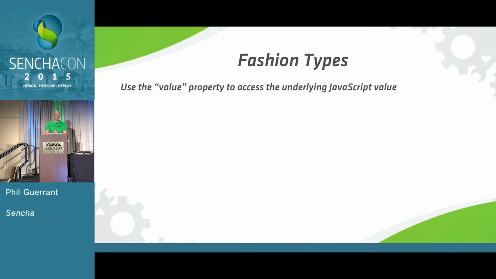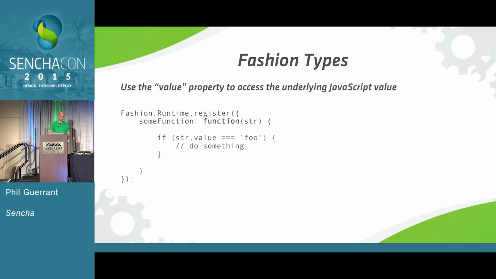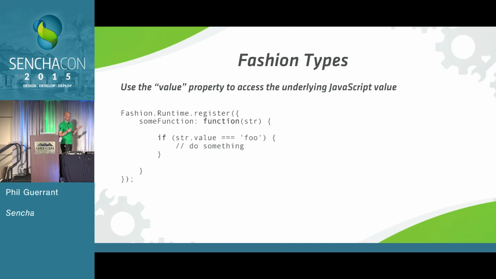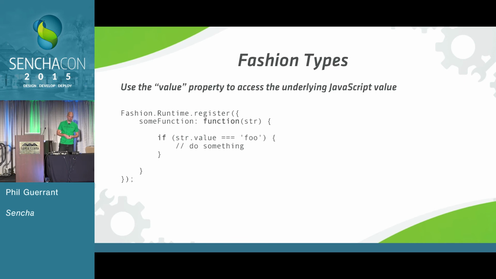So just a couple quick notes. When you're using a fashion type, you use the value property to access the underlying JavaScript value. So for example, if I have a function that takes a string, I can say if string.value equals foo.